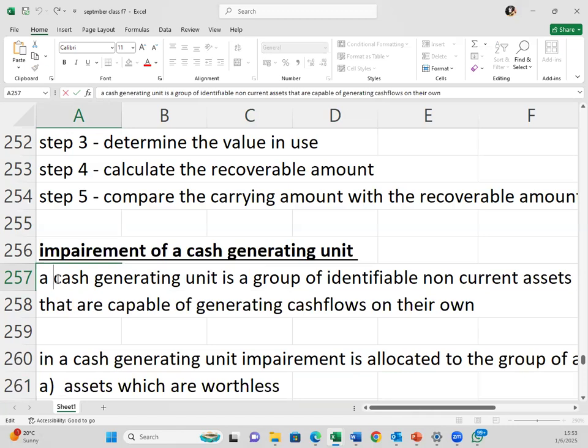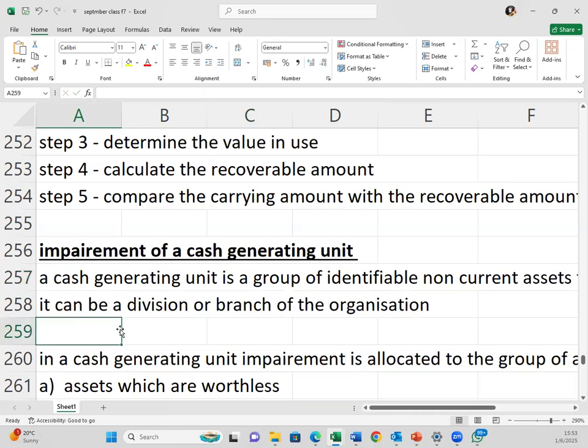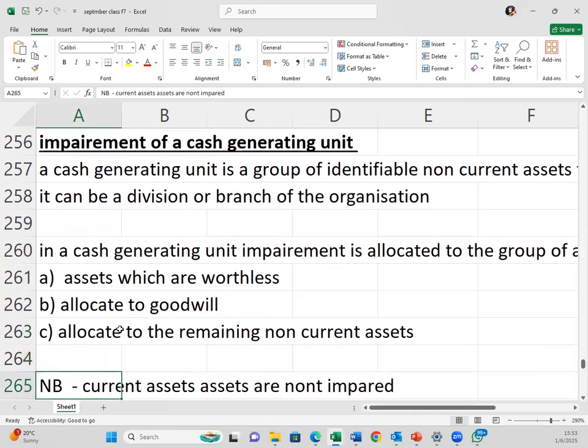If it's a cash generating unit that is being impaired, we said we have a number of steps that we must follow. The first step is we allocate the impairment loss to the assets which have been deemed to be worthless. They can tell you certain assets are now worthless. They don't have an economic value. So those are the ones where we firstly allocate impairment.